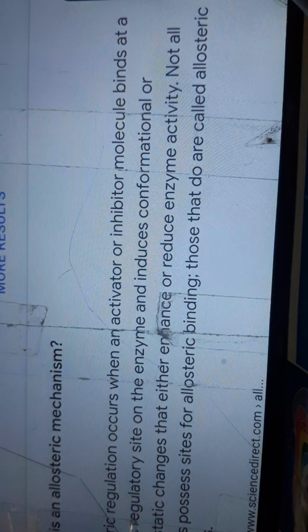Allosteric regulation occurs when an activator or inhibitor molecule binds at a specific regulatory site on the enzyme and induces conformational or electrostatic changes that either enhance or reduce enzyme activity. Not all enzymes possess sites for allosteric binding. Those that do are called allosteric enzymes.